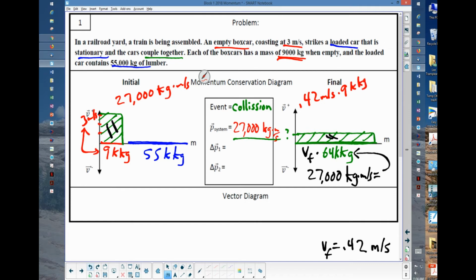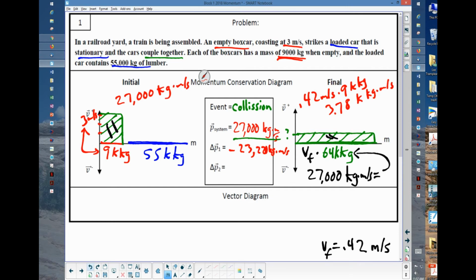So plug that in your calculator: 3.78 thousand kilograms times meters per second. We started out with 27,000, so 27,000 minus 3.78 gives us the change, which is a negative.